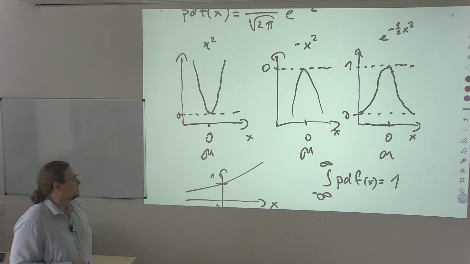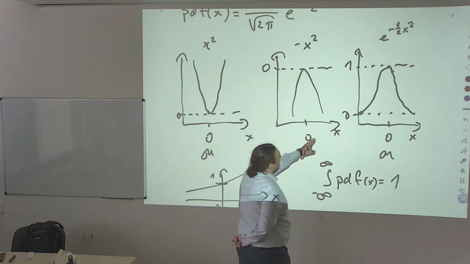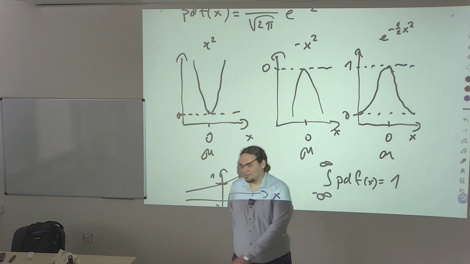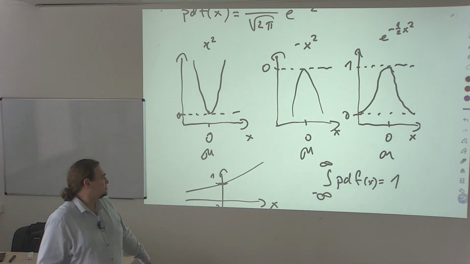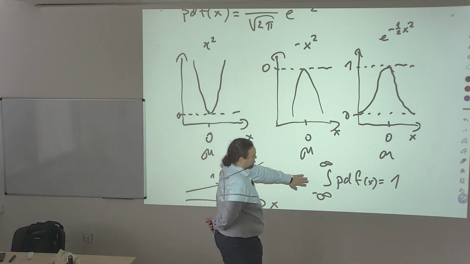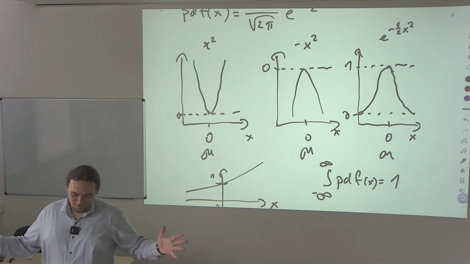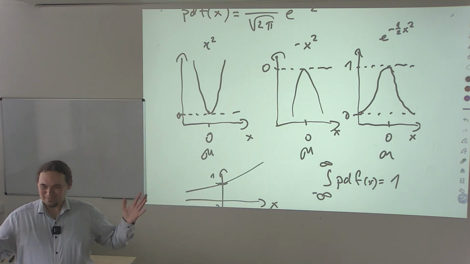So if we take the integral of this function, we get 2.5 and something, and in order to obey this property, that we need to be certain some of the events must happen.